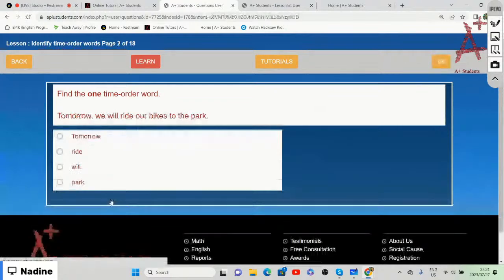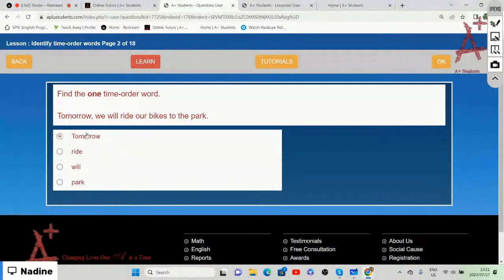Tomorrow we will ride our bikes to the park. So when is it? Is it tomorrow, ride, will, or park? Tomorrow we will ride our bikes to the park. So we're going to choose tomorrow, right?